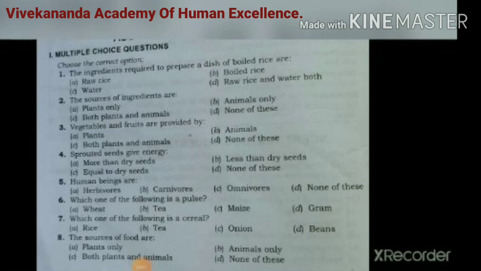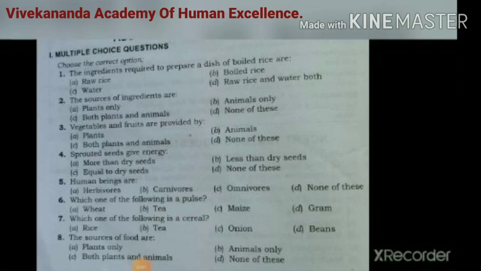Second, the sources of ingredients are A. plants only, B. animals only, C. both plants and animals, D. none of these. As you are aware, we require plant sources as well as animal sources, so option C is the correct one, both plants and animals.